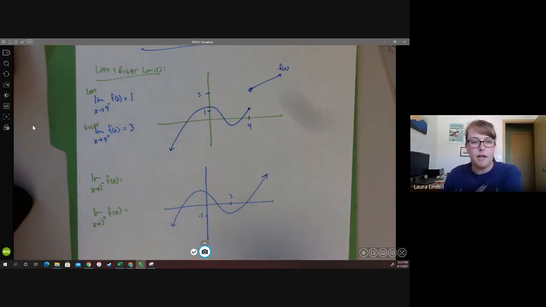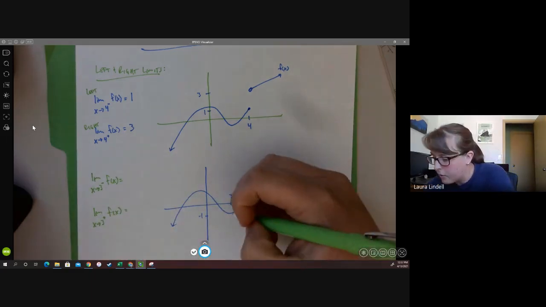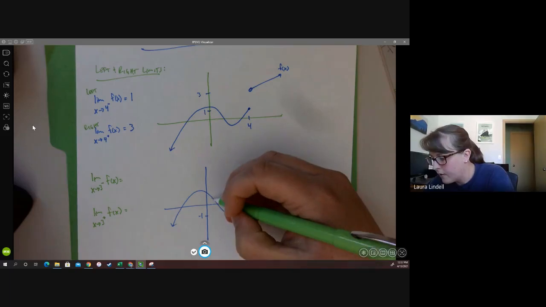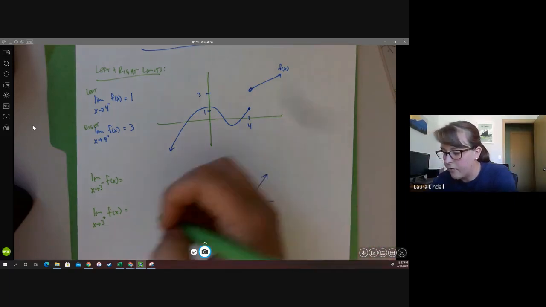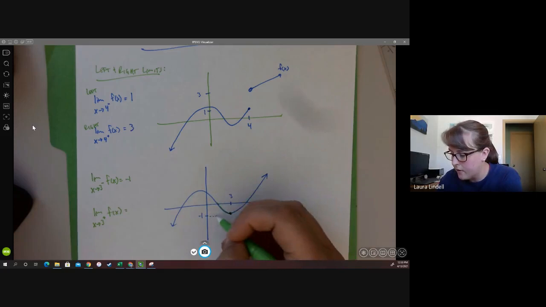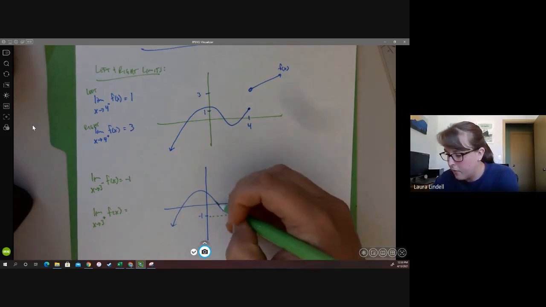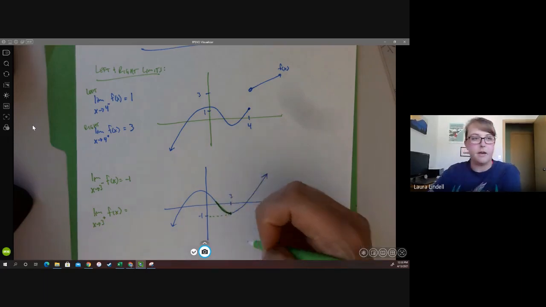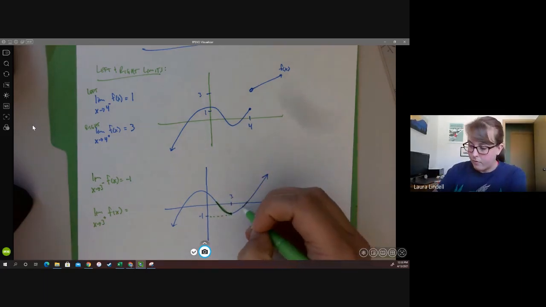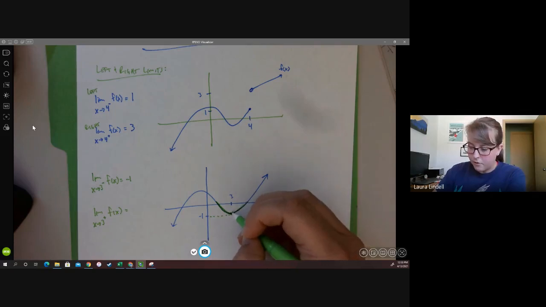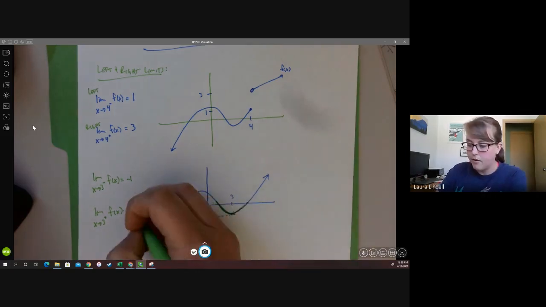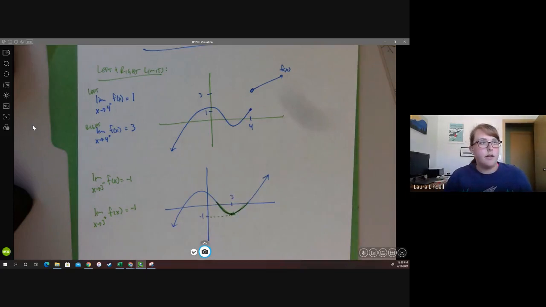So the left hand limit as x approaches 3, so as we approach 3 from the left hand side, is -1. So as I approach from the left-hand side, we're approaching -1. As I approach 3 from the right-hand side, I'm also approaching -1. So in this case, the left-hand limit and the right-hand limit are the same. So they could be the same, they could be different.